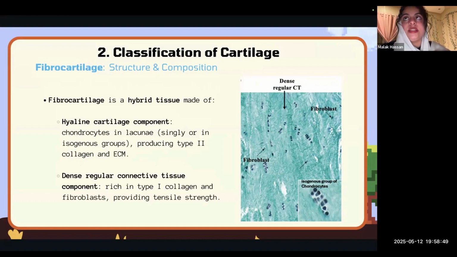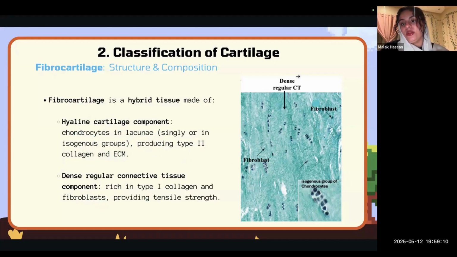Now, cartilage is the other component, so hyaline cartilage. So it'll have chondrocytes and lacuna, and it'll have type 2 collagen and ECM. So in a nutshell, fibrocartilage is hyaline cartilage and dense regular connective tissue. It's going to have type 1 and type 2 collagen, extracellular matrix, and fibroblasts, as well as chondrocytes.